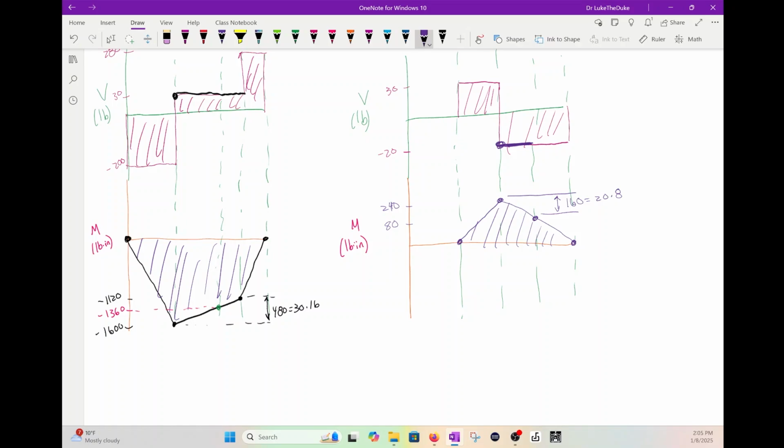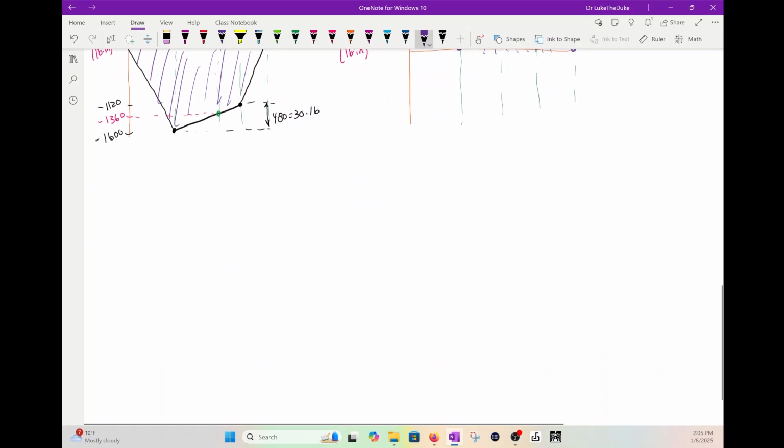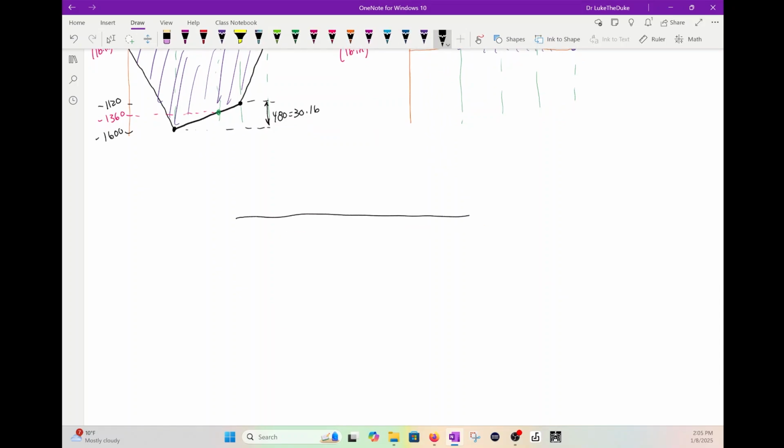Boom. Now let's look at the torque, and I'm going to redraw it right here. Let's use black here. We have C, we have A, we have D, we have E, and we have B. So we have a torque here called TC, torque here called TD, and then a torque here, TE.